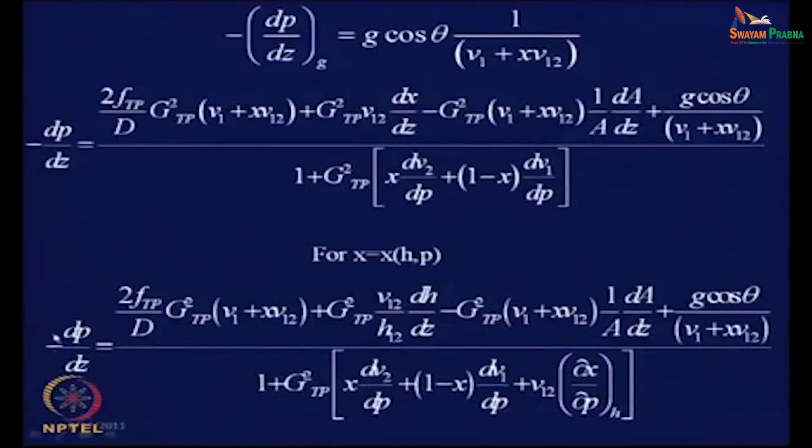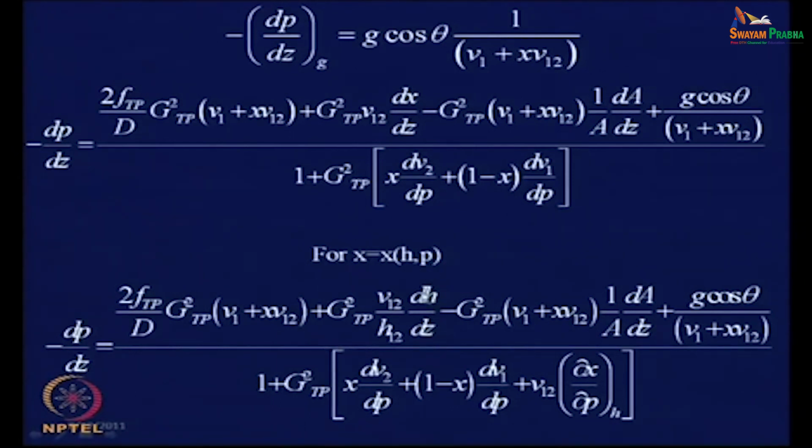Okay. So, we find that if we do it, then finally the expression of pressure gradient has the frictional pressure gradient. It has the acceleration pressure gradient due to area change, it has the gravitational component, and along with this it also has one particular term which shows how enthalpy changes with dz.